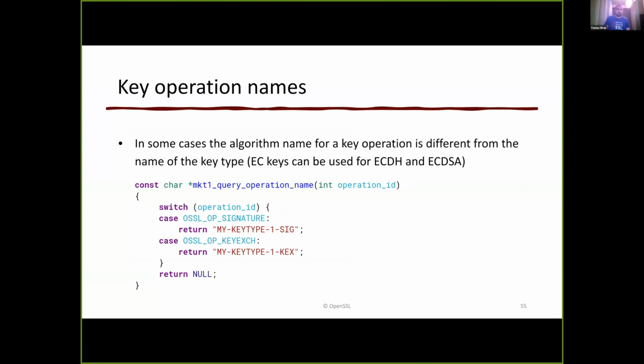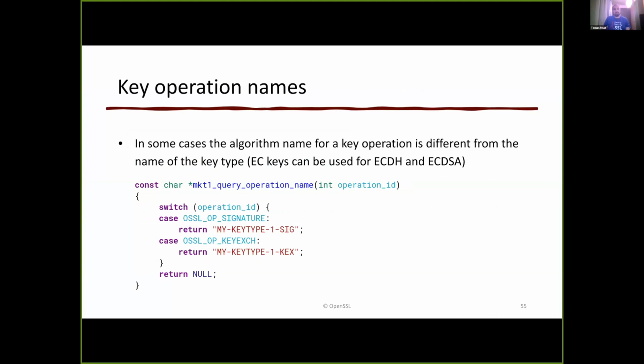In some cases, the algorithm name for a key operation is different from the name of the key type. Because the EC keys, for example, can be used for ECDH and ECDSA, or for both of these operations.